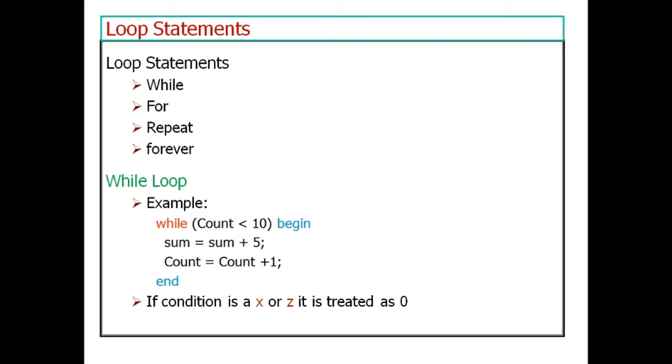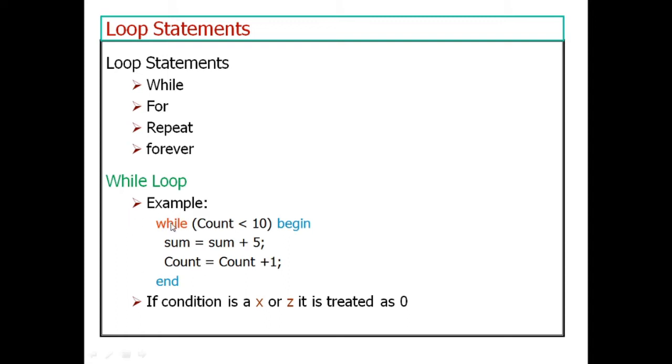Let us discuss each and every loop one by one. The first one is the while loop. Of course you know that a while loop executes until the while expression is false.